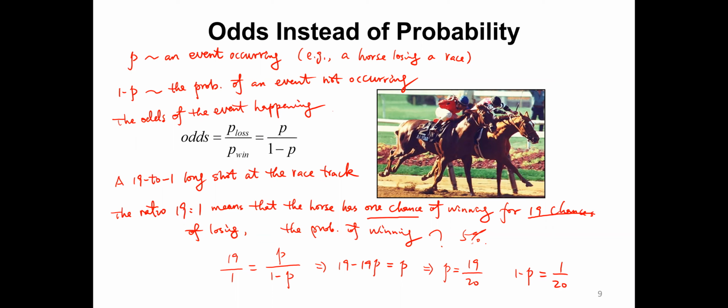In total there are 20 chances, so 1 over 20, about 5%, is the probability of winning, and 19 over 20 is the probability of losing. The odds is 19 to 1.